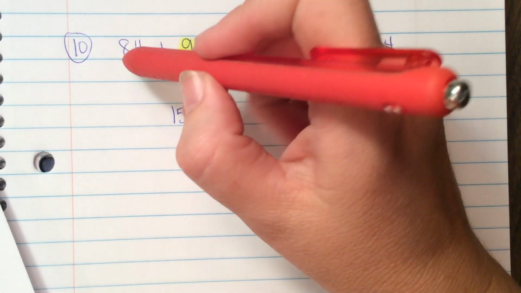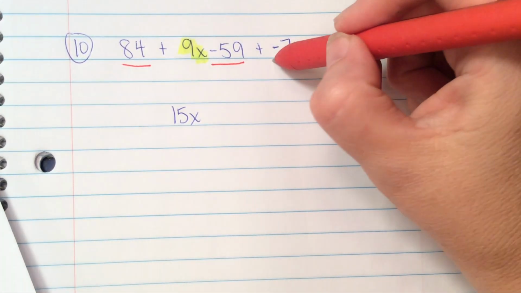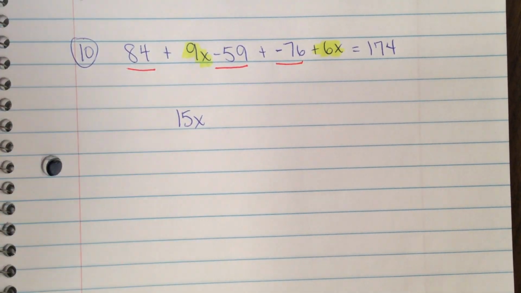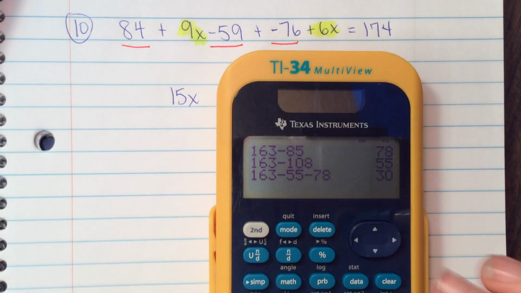Then I have 84, negative 59, and negative 76, and I need to add all those up. So that's what I'm going to do now. I'm going to scoot this up.